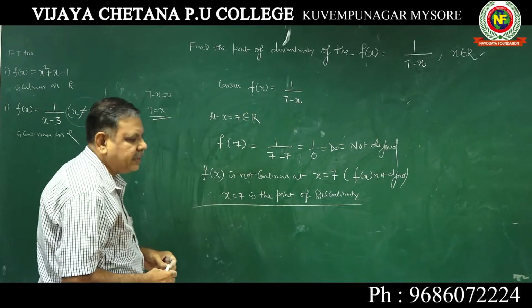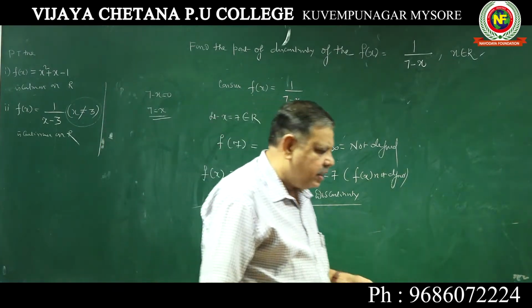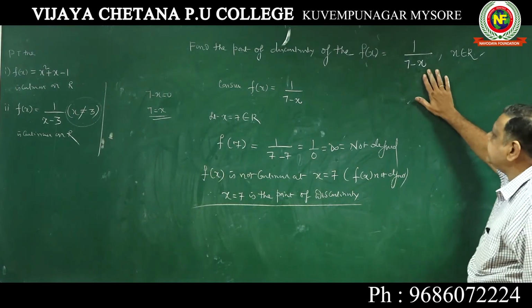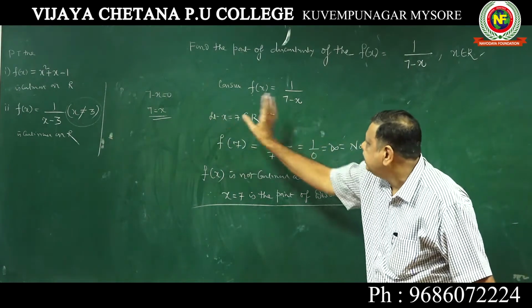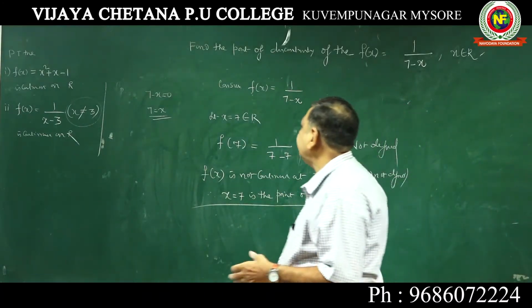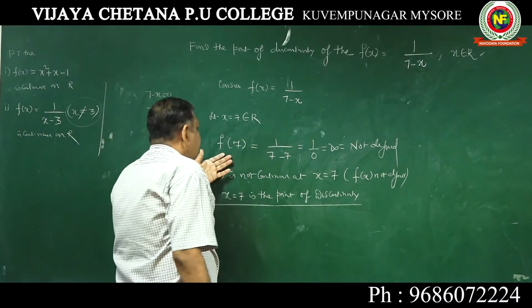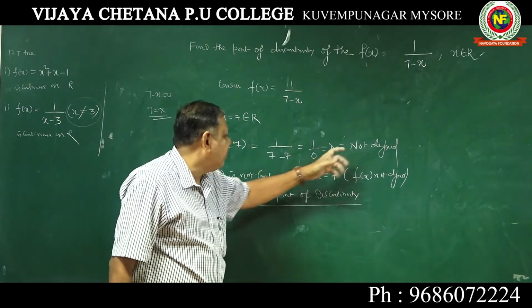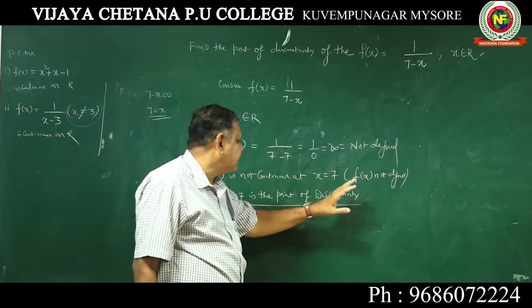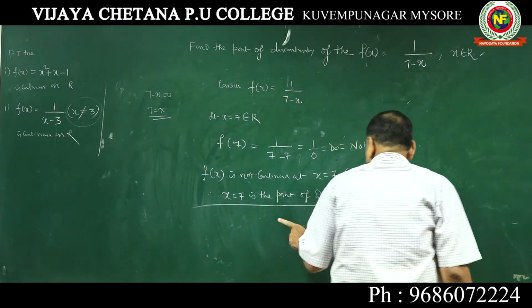Very important. Here we should take x equal to the value that makes the denominator equal to 0, and you will get the value. Suppose you take x equal to 7, it is not defined because 1 by 0 gives infinity. It is not continuous at x equal to 7. This is the point of discontinuity.